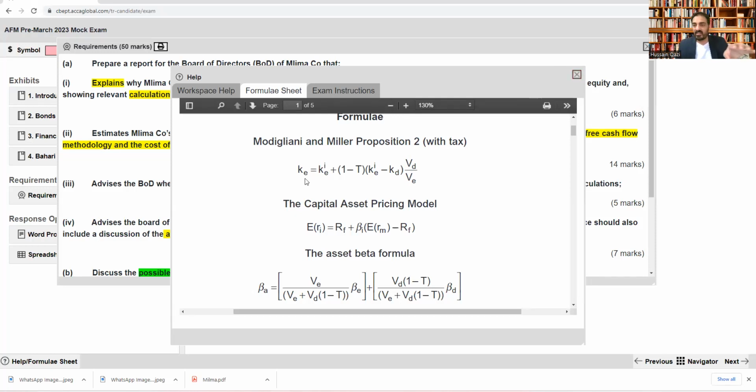Sir, if we are working with the spreadsheet and applying this formula, you just mention 2 to 3 steps.